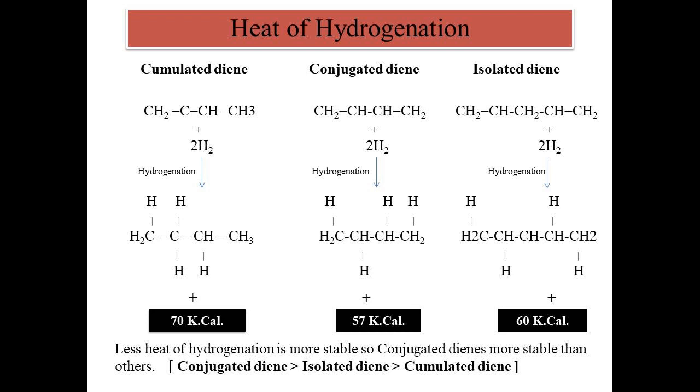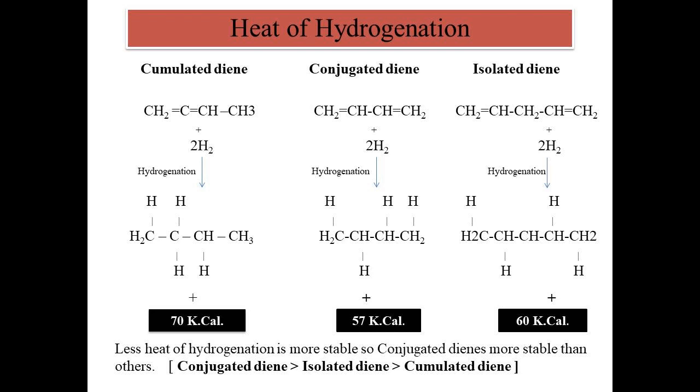So the cumulative diene generates 70 kilocalories of heat, the conjugated diene produces 57 kilocalories, and the isolated diene produces 60 kilocalories. Note that the one producing the lowest heat is the most stable.